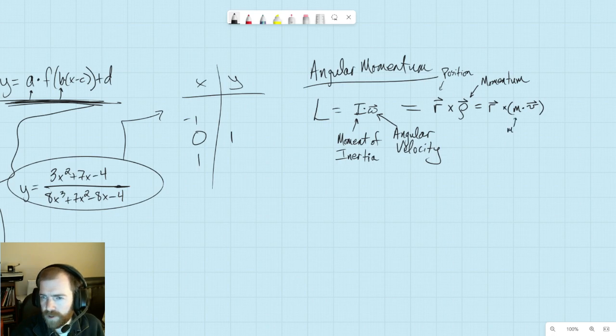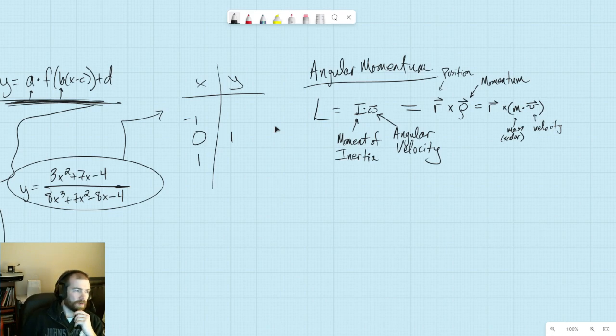Okay, so that's going to be just your mass, which is a scalar, and velocity as a vector. So one of these formulations should work out for what you want. The angular momentum is going to be like, you know, how much does it kind of want to keep spinning along this particular trajectory?